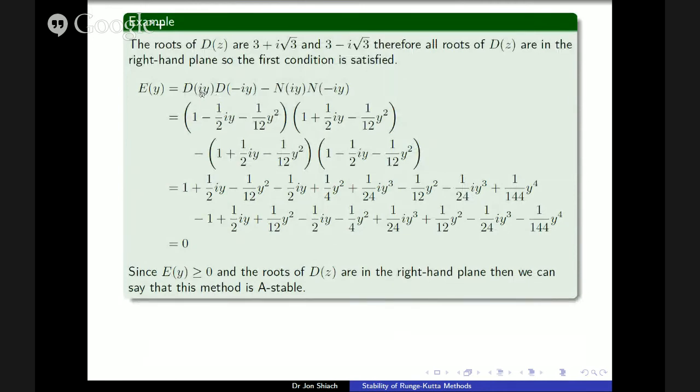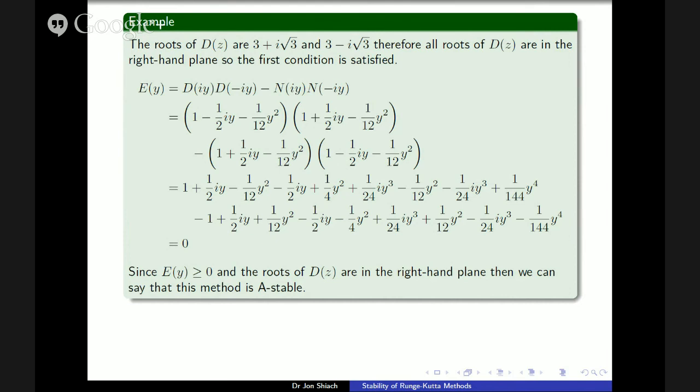When you square i, you get minus 1. So the main mistake that people make on this sort of question is the negatives. And similar with the N. So here we've got 4 functions. Multiply out the brackets, we get this horrible, horrible thing, but it's easy algebra, it's just long. If you go through and cancel all of those terms out, at the end of the day, in this case, E(y) is equal to 0.